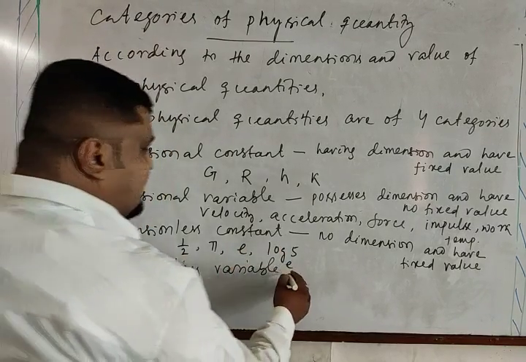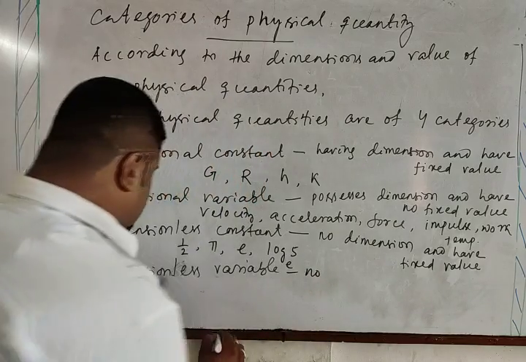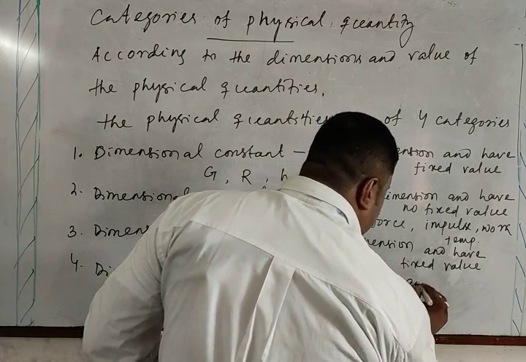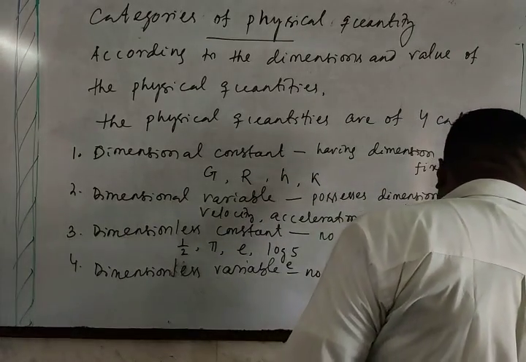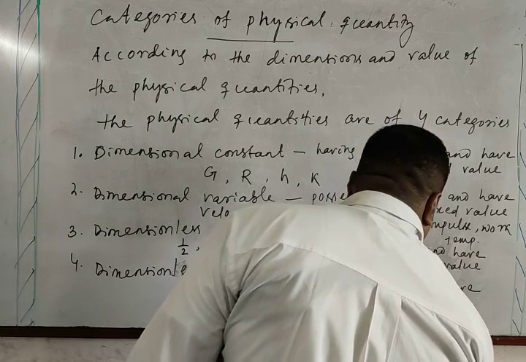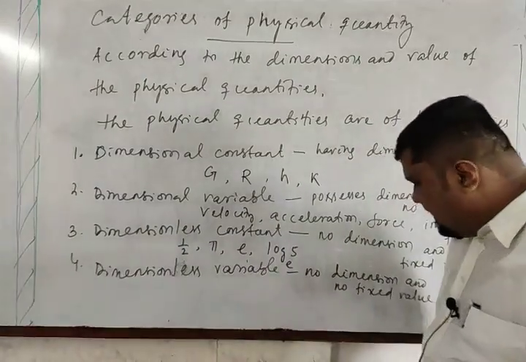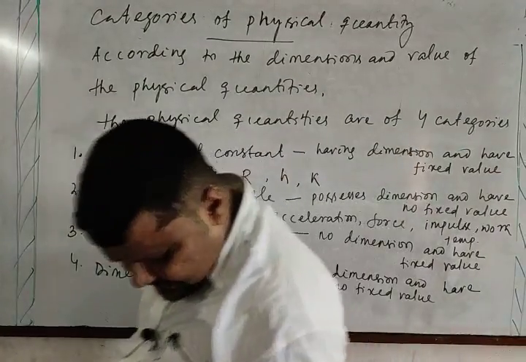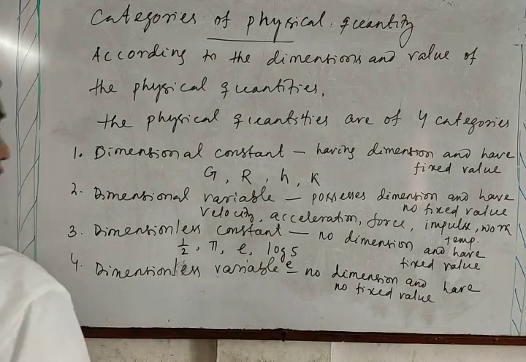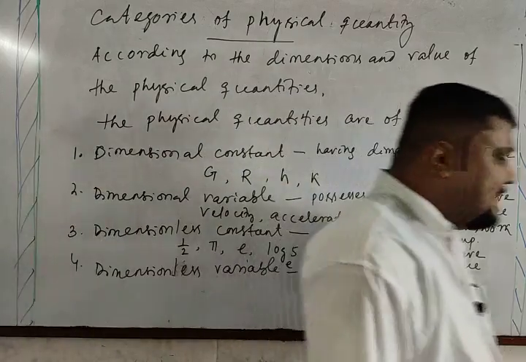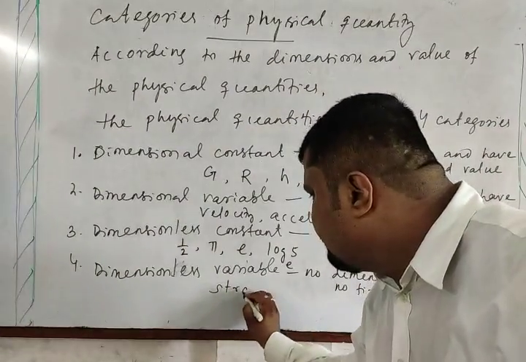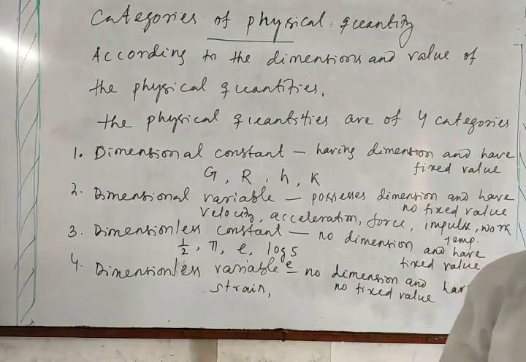Then the fourth one is dimensionless variable, so it has no dimension and has no fixed value. What are the quantities like? Already you know strain.